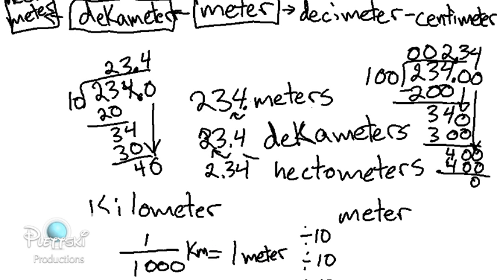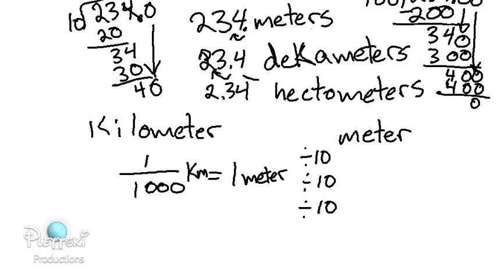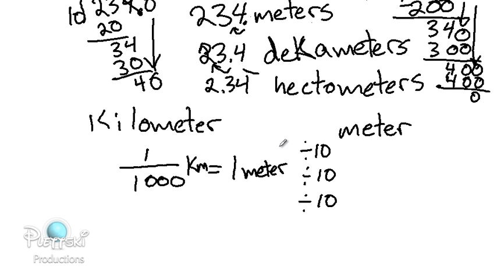Okay? So now, if you have your 234 meters, instead of doing the regular division, I'm going to start with the decimal right here and divide it by 10 3 times. Once, twice, 3 times, and the new decimal goes there.